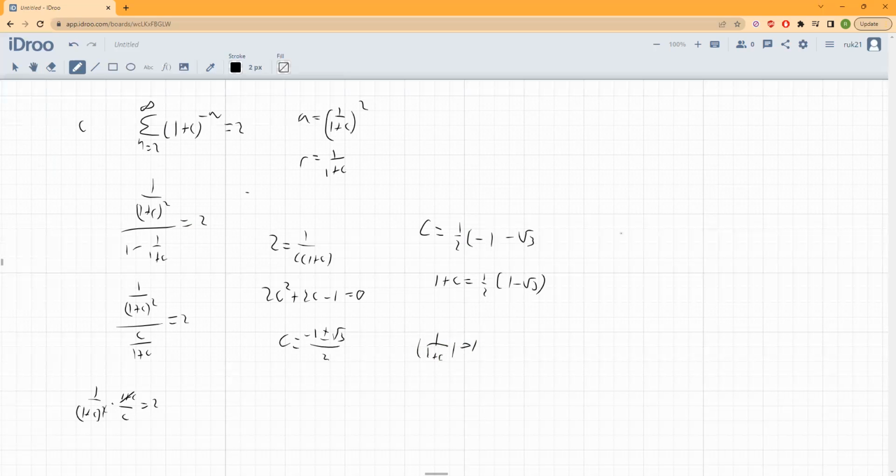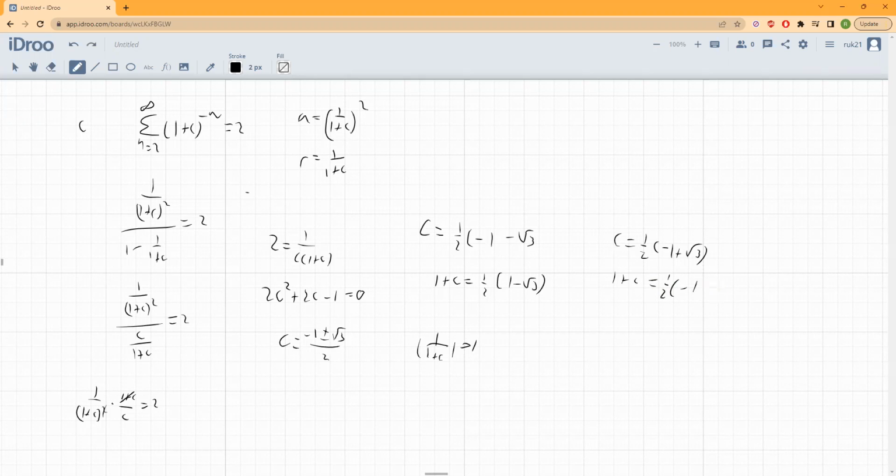So then if we check c is equal to 1/2 of -1 plus root 3, what we get is that 1 plus c is equal to 1/2 times -1 plus root 3.